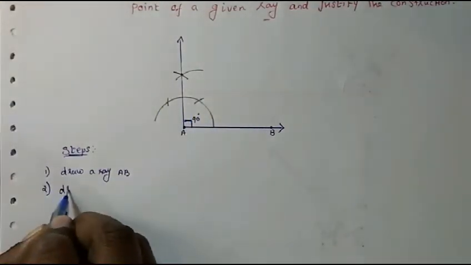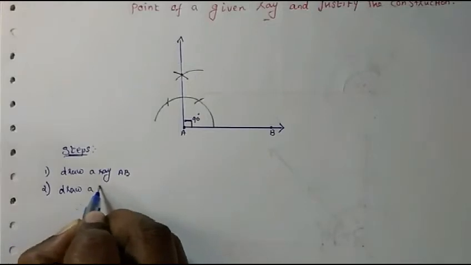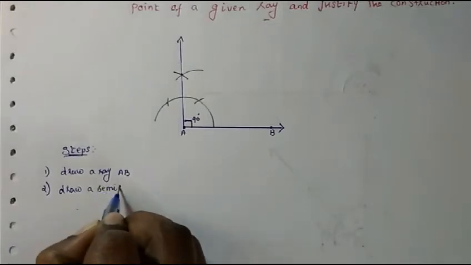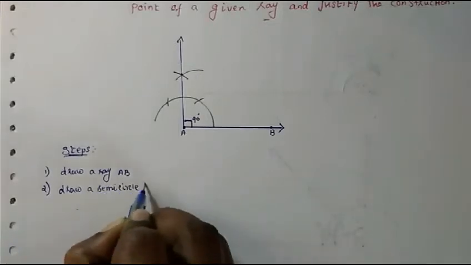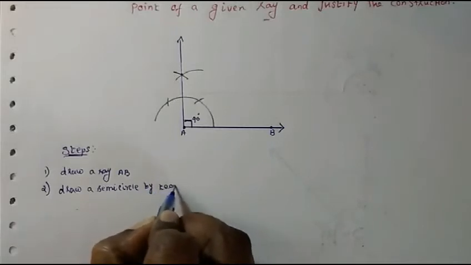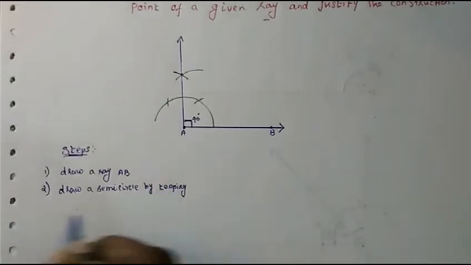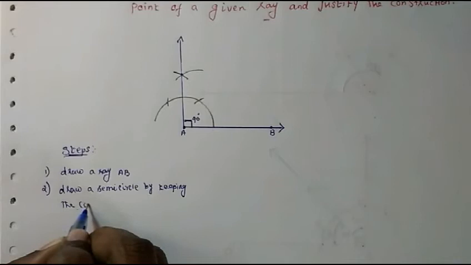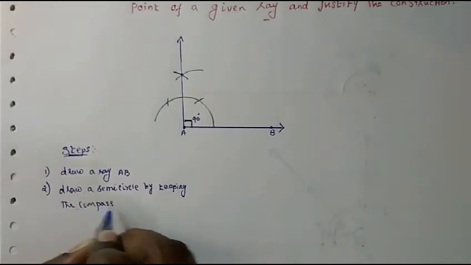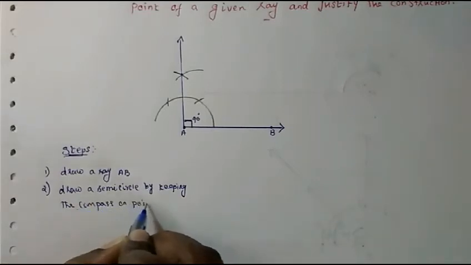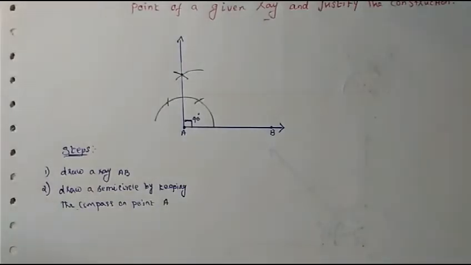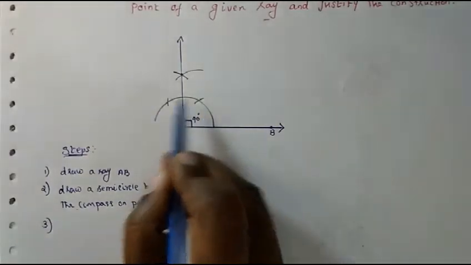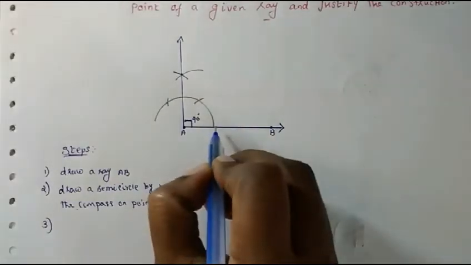So draw a semicircle by keeping the compass on point A.